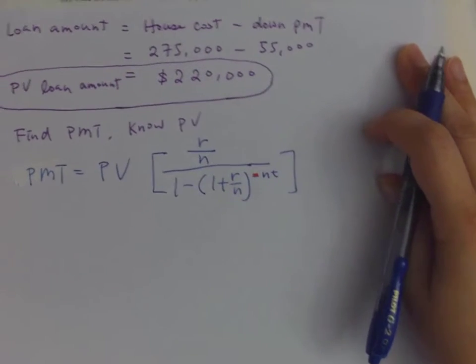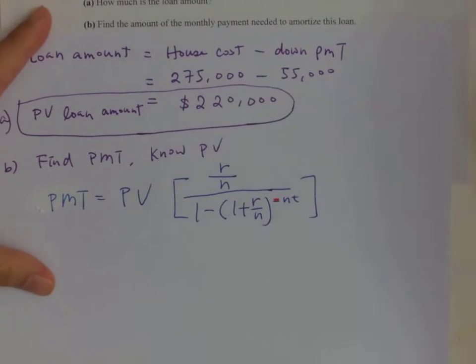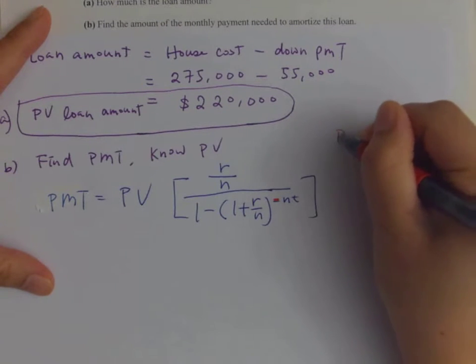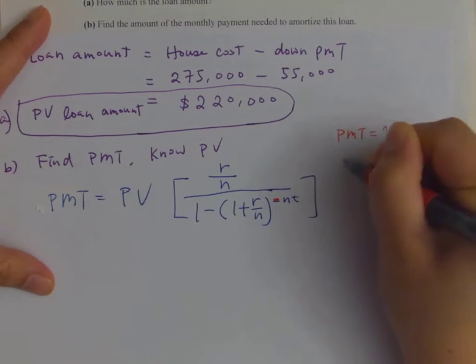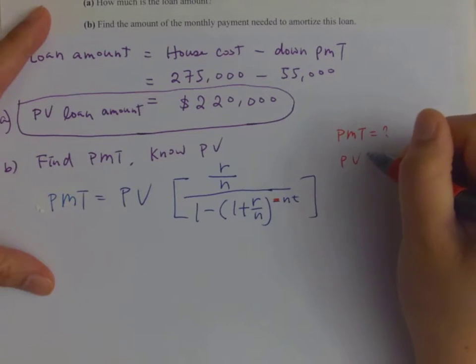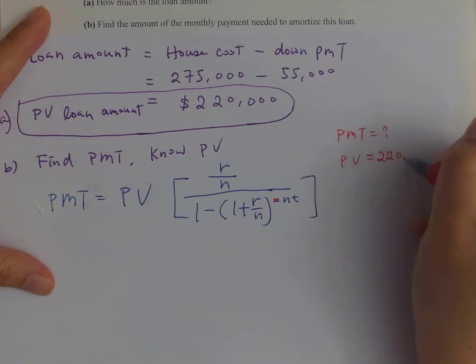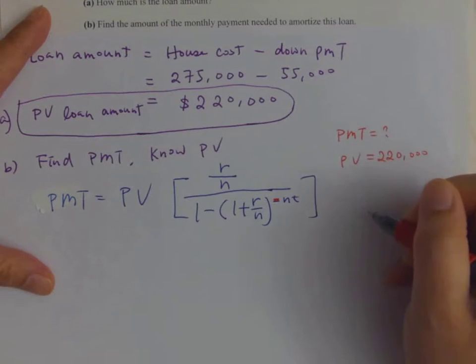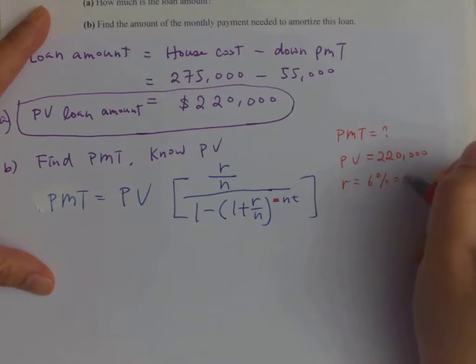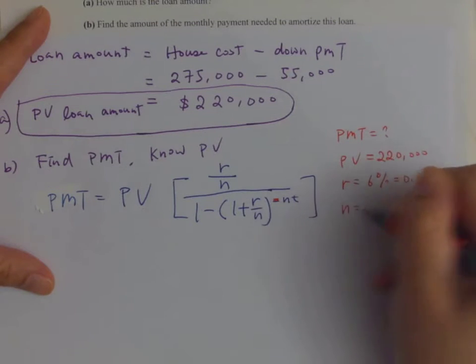This is actually a very good exam question. When you're ready, we don't know the payment. The present value of the loan is 220,000, right? And the interest rate is 6%, so 0.06.